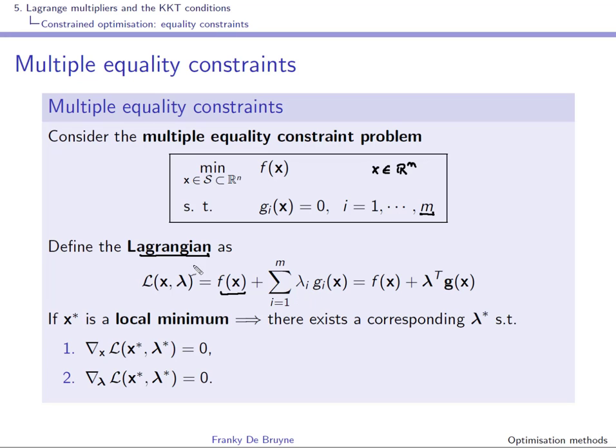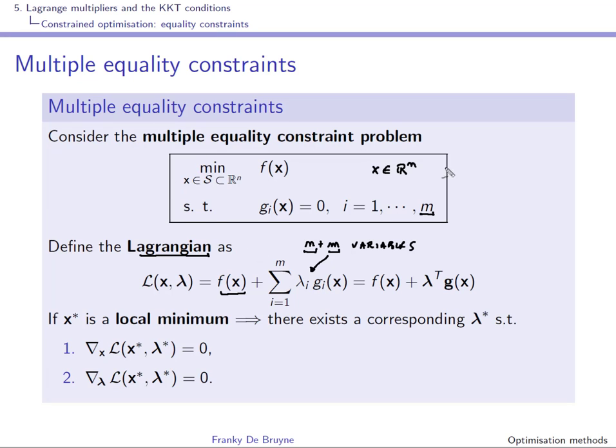So this Lagrangian function will depend on n plus m variables: n variables coming from the objective function and m variables coming from the Lagrange multipliers.